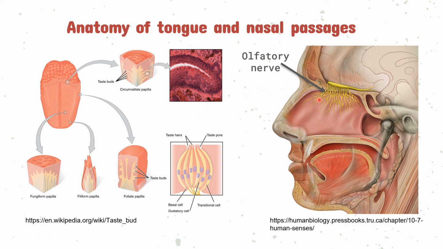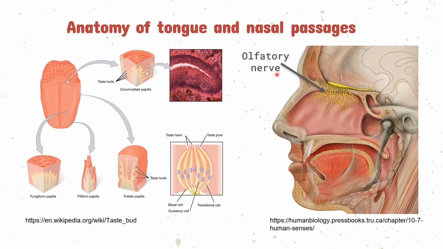On the other hand, we have the structure of the smell sense. The smell sense is located in our nose, specifically in our nasal passages. Inside of our nose, we're going to find this yellow structure. The picture is yellow, but that structure doesn't have that color in our body.